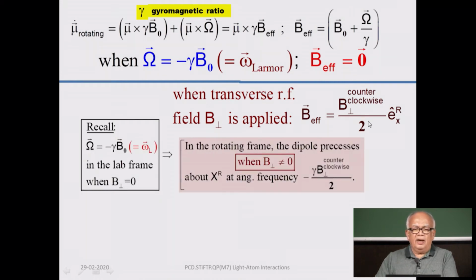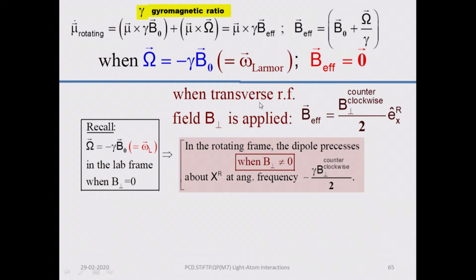And what it really means is that in the rotating frame the dipole will precess about the x axis of the rotating frame, at an angular frequency which is minus gamma times B perpendicular over 2, right.